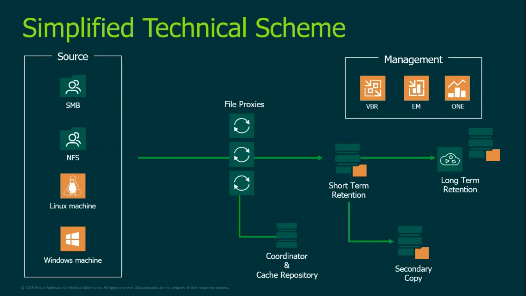Then, obviously, once my data has reached my repository, everybody is aware that I can make a second copy of my backup, which is also possible. I can do a cloud integration with either Azure Blob or AWS S3 buckets for long-term retention. That is also possible.